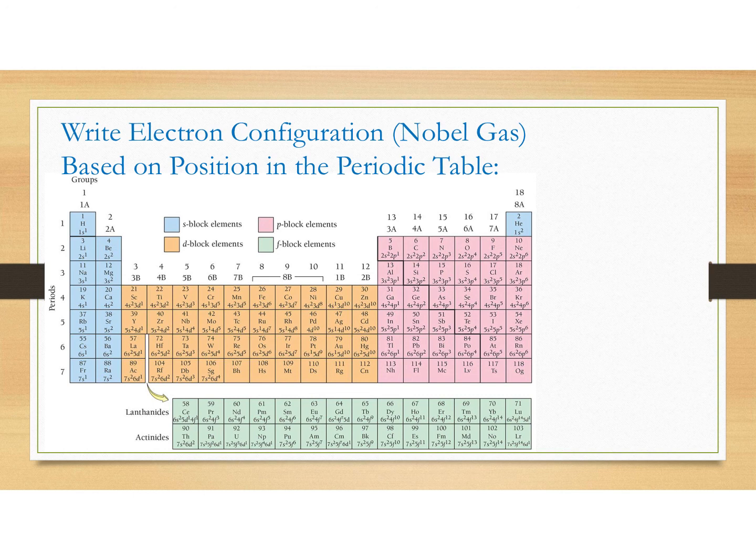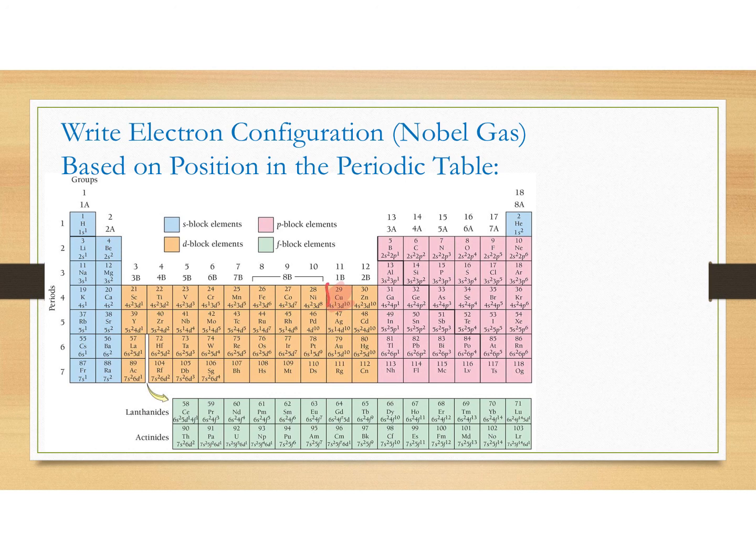So if they were asking you, for example, what is the electron configuration for copper using the noble gas notation, we go back and look at the previous noble gas before copper.